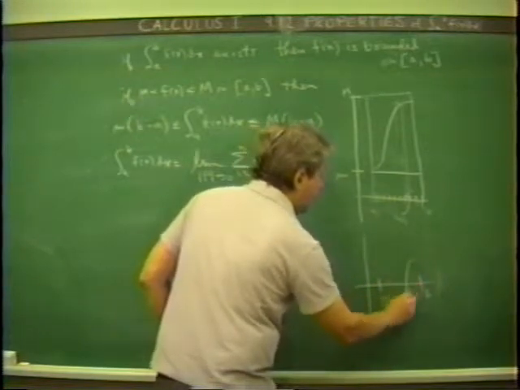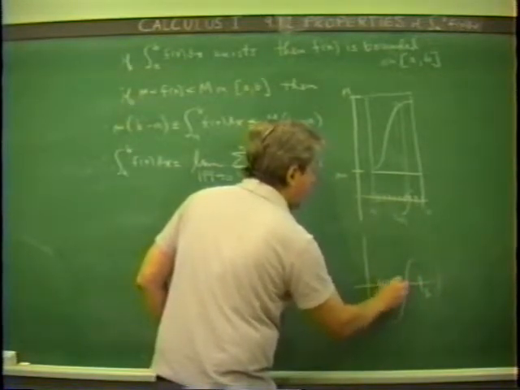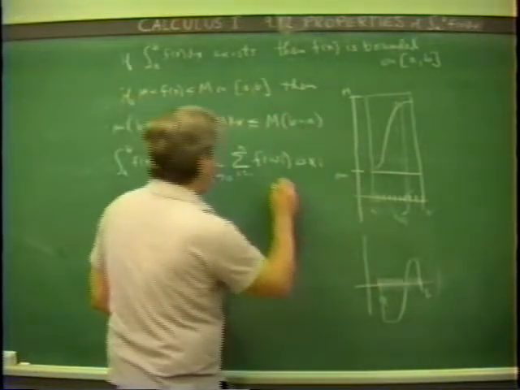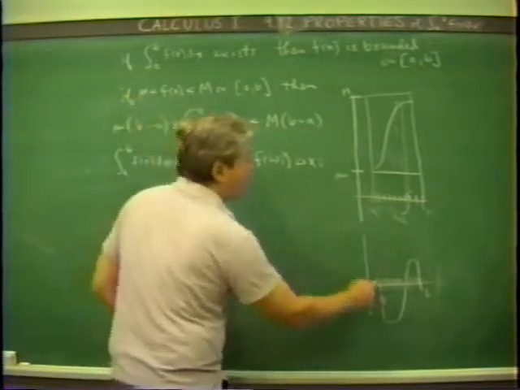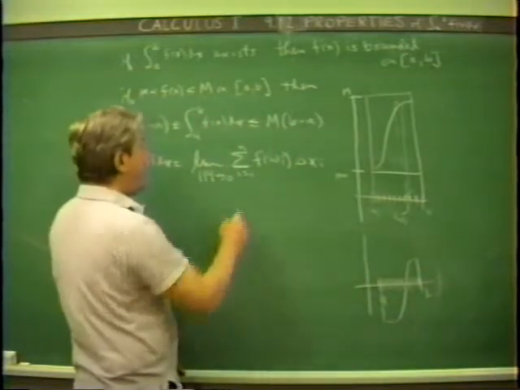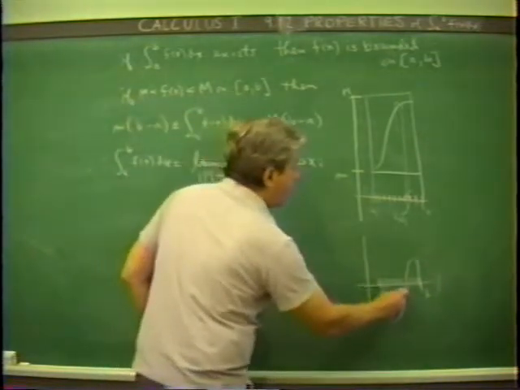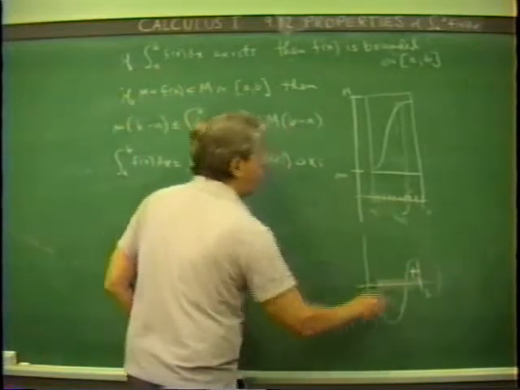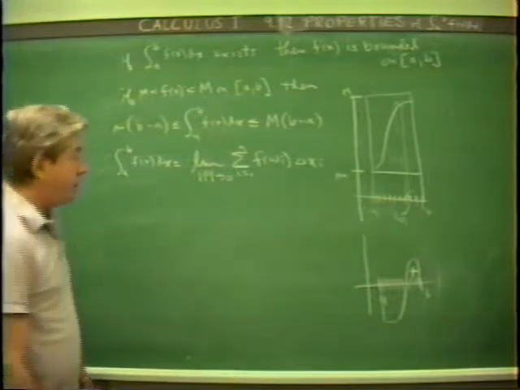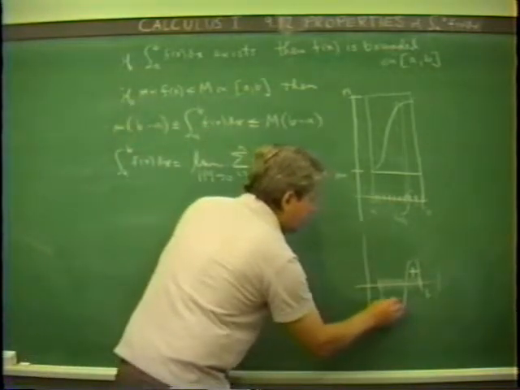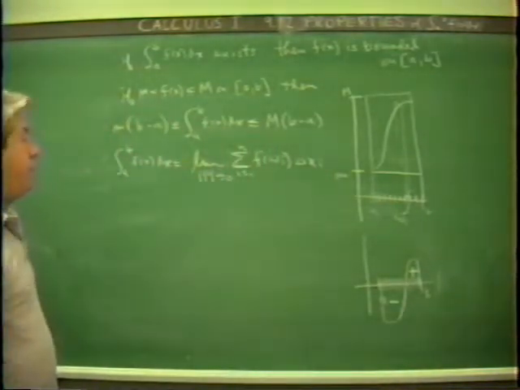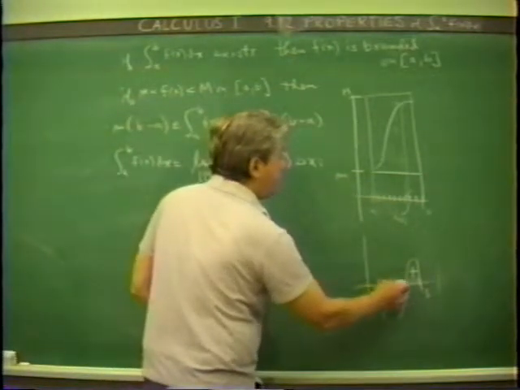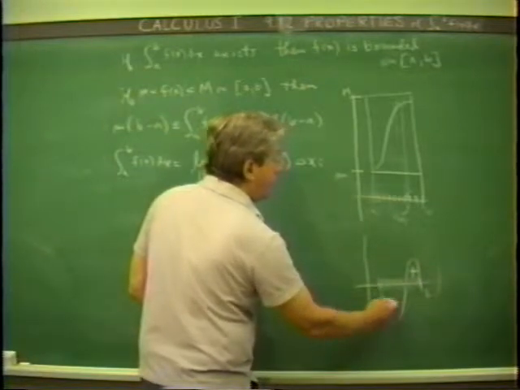If f happens to be negative on a, b, if it's partly positive and partly negative, then when you form a partition sum, delta x_i is going to be positive if we go from a to b. f of w_i is going to be negative, and what the integral is going to do is count this area here underneath the positive part of the function as positive, and it's going to count this part right here as negative, where the function is negative.